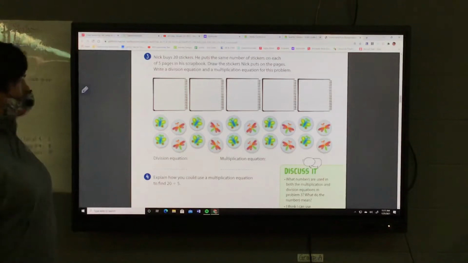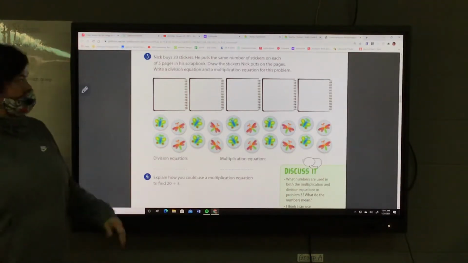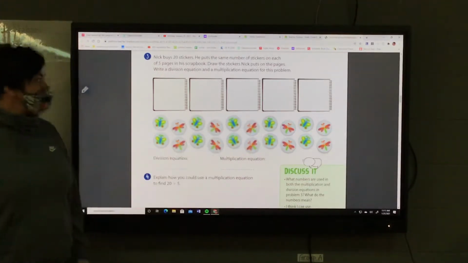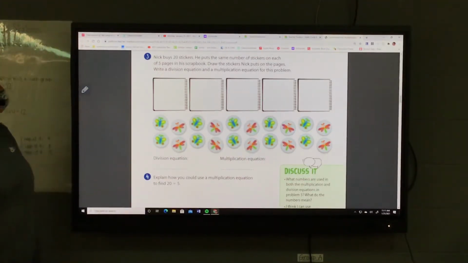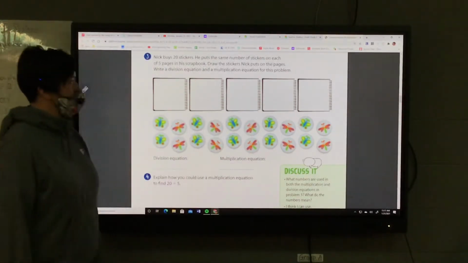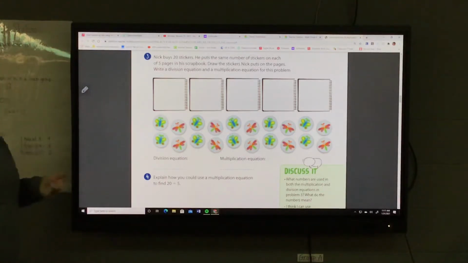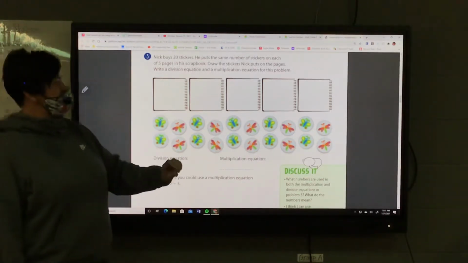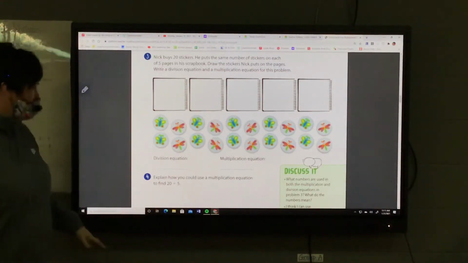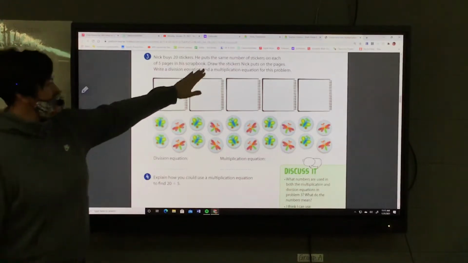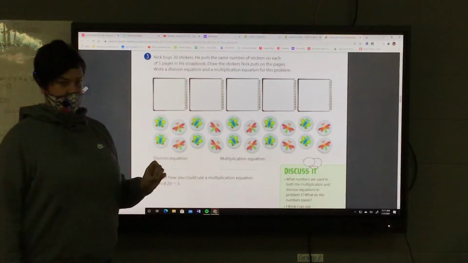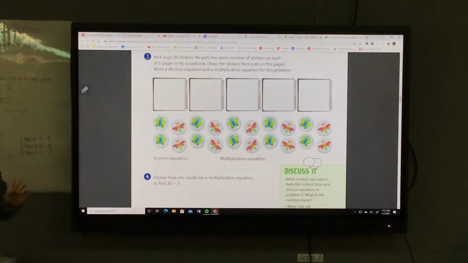So Nick buys 20 stickers. Here's his stickers. He puts the same number of stickers on each of 5 pages in his scrapbook. Draw the stickers Nick puts on the pages, and then write a division equation right here and a multiplication equation right here for this problem. Okay?